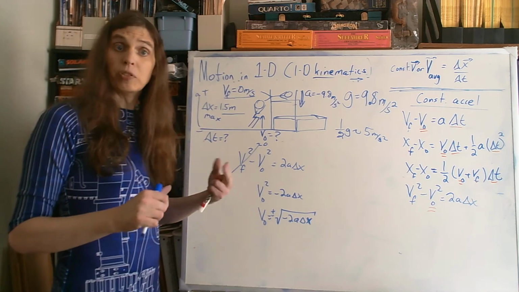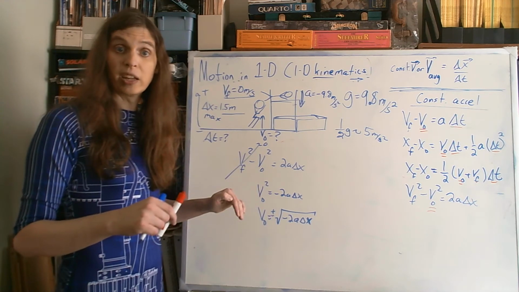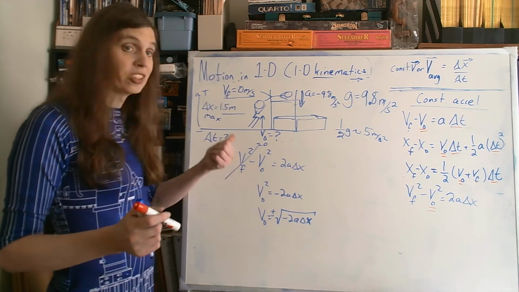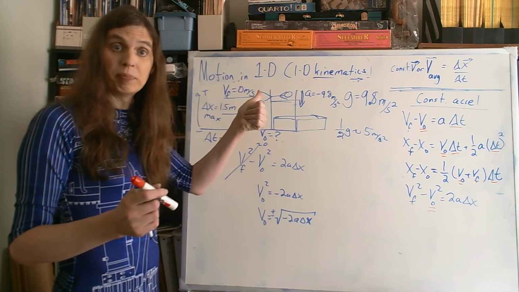When you take the square root, you've got two solutions, the positive and the negative solution. Now we know that it's going to have to be the positive solution because we chose positive to be up.